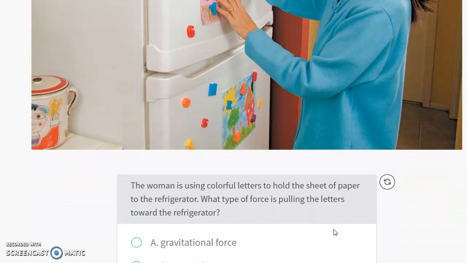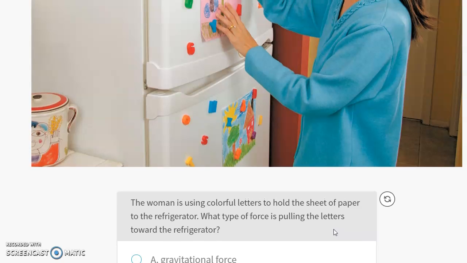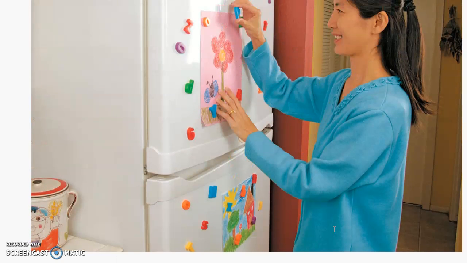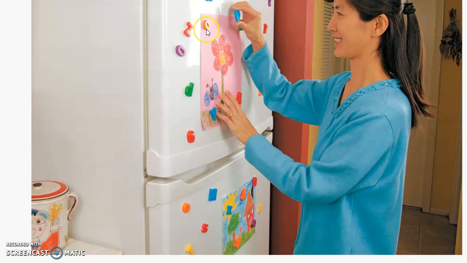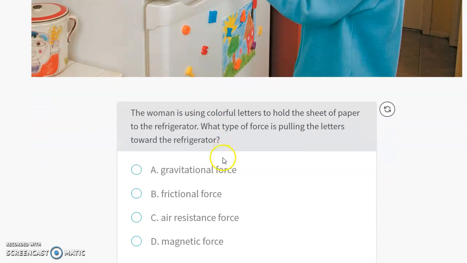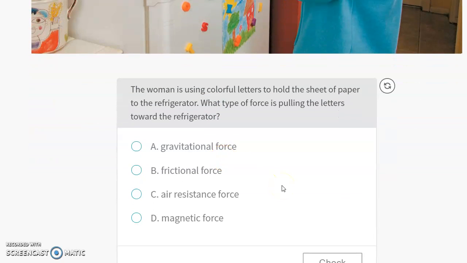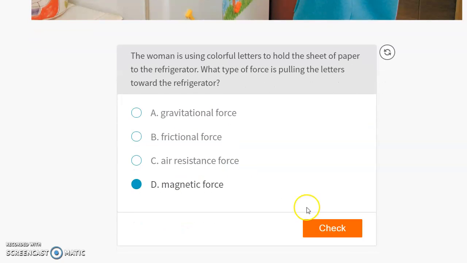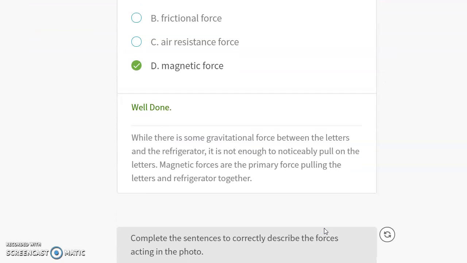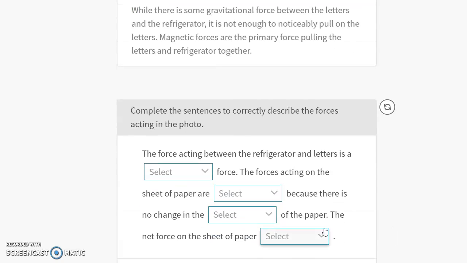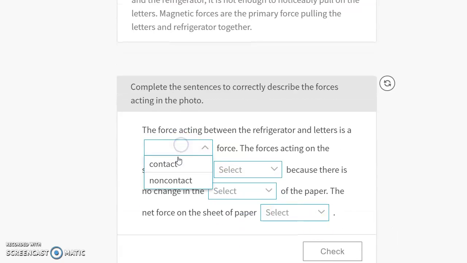The woman is using letters to hold up a sheet of paper on the refrigerator. What force is pulling the letter to the refrigerator? If you've ever seen these before, these are actual magnets, so it would be a magnetic force. The force acting between them is a non-contact force.